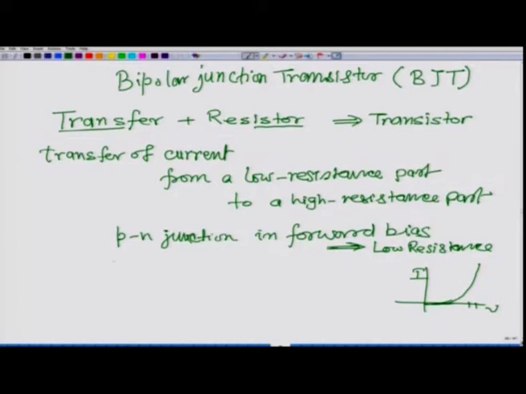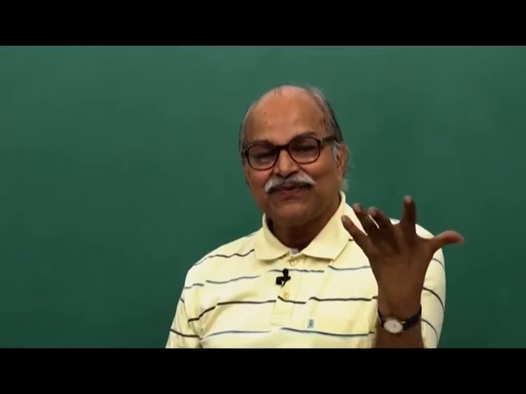And similarly, if this junction is in reverse bias, then it offers large resistance. In reverse bias, the current is very small, you apply voltage and the current does not change much. So, the resistance is very high.